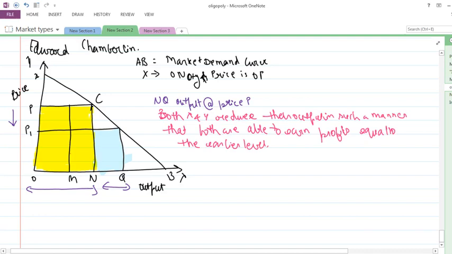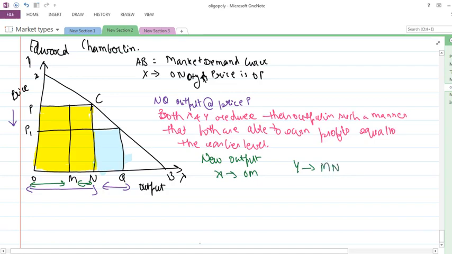So as a result, what happens is X reduces its output till this level. Okay, X क्या करता है कि अपनी output को यहाँ तक की कम कर देता है, ON से लेके अब वो OM तक ही produce करता है. Okay, and this N to M region would be covered by the firm Y. So the new output would be, for X it is OM, for Y it is, sorry, not NQ, it would be MN.